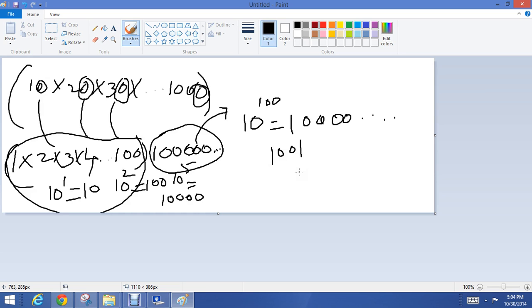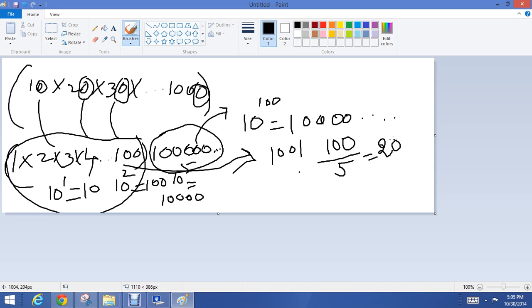In order to find the number of zeros in this term, what we should do is find out the number of fives in 100 factorial. If we divide this by 5, we are going to get the number of fives this term contains. In order to get 1 zero, we need a 5 and we need a 2.